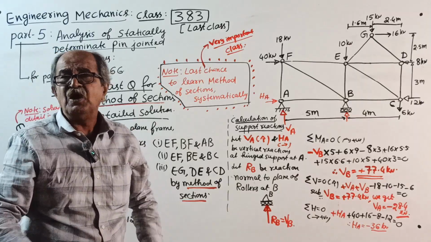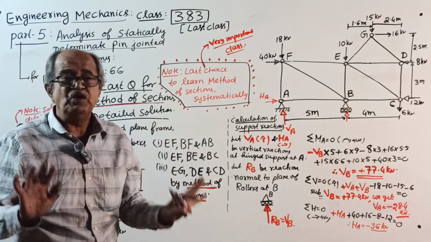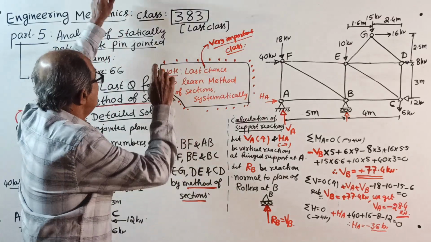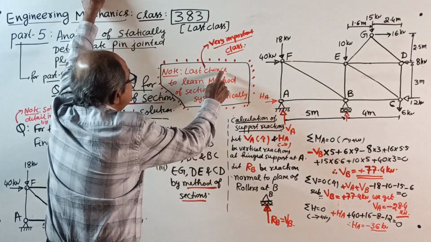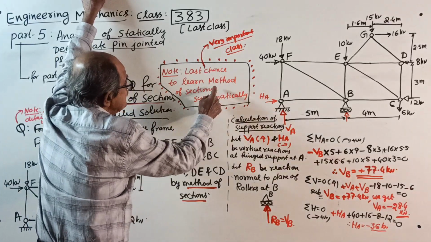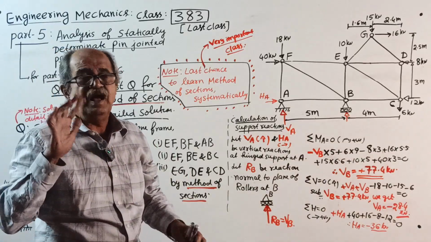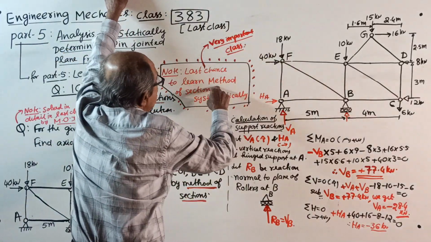Any confusion you have got earlier regarding that arrow mark, etc., will be clarified today, as I am solving systematically. So this is not an exercise question. Last chance to learn the method of sections systematically if you are learning from me. Otherwise, you learn.